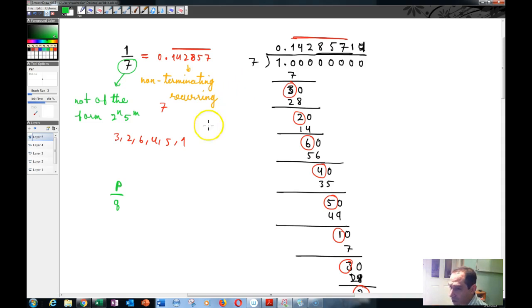We might actually have to make up a new theorem based on the previous theorem: if you have a rational number in the form p by q, where q is not of this form, the decimal representation of that number is going to be non-terminating.